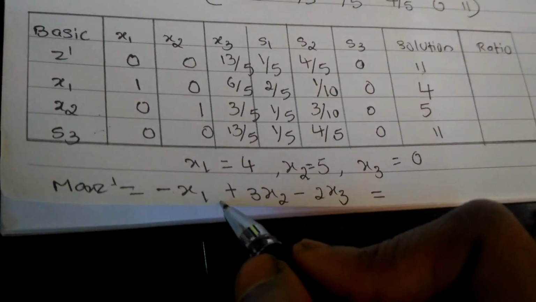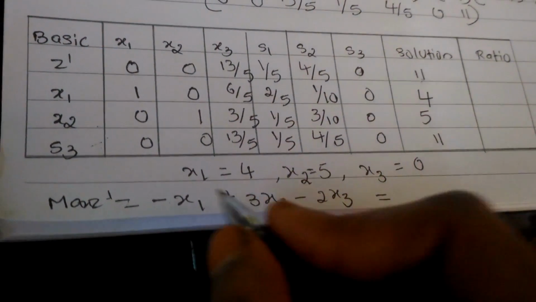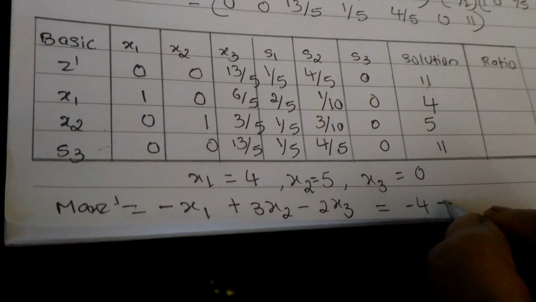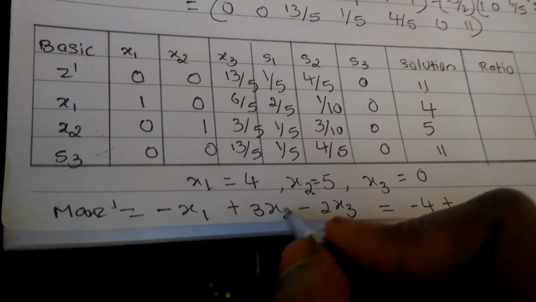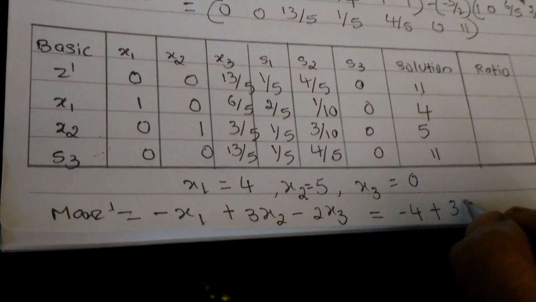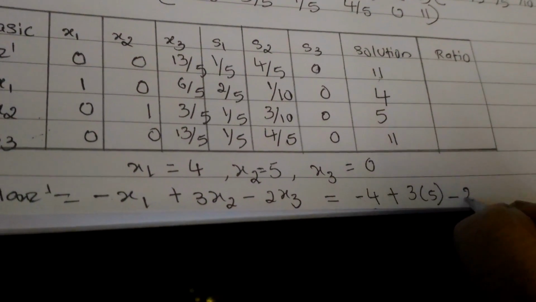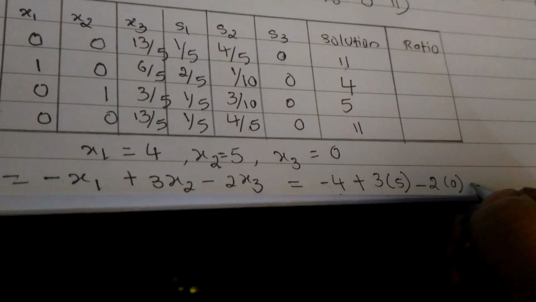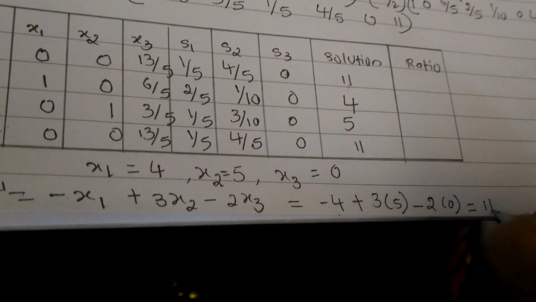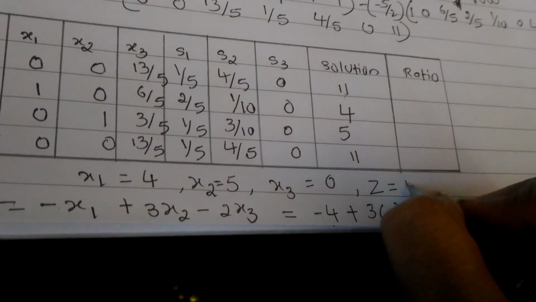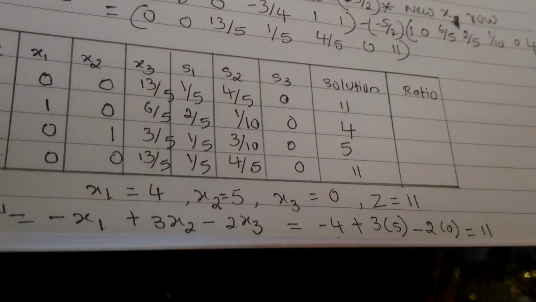Substitute these values into the z function. x1 is 4, so minus 4, plus x2 is 5, so 3 multiplied by 5, minus x3 is 0, so 2 multiplied by 0. So this will lead to an answer of 11. So with this we also conclude that the value of z is equal to 11.